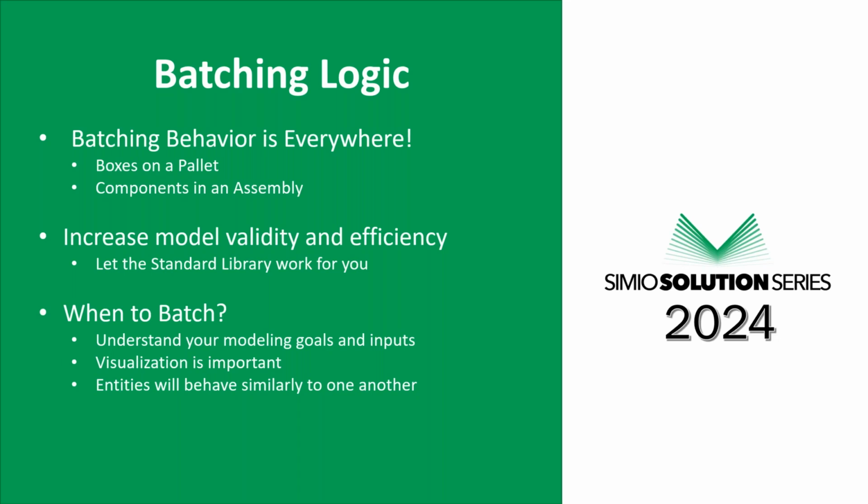There are mechanics of a model that could call for batching fundamentals. Some common examples that may come to mind are putting boxes on a pallet, where we have a batch of boxes that go to the same pallet and are shipped out as one single order. Or similarly, in a manufacturing assembly line, we have all these different subcomponents that could be batched to a final assembly.